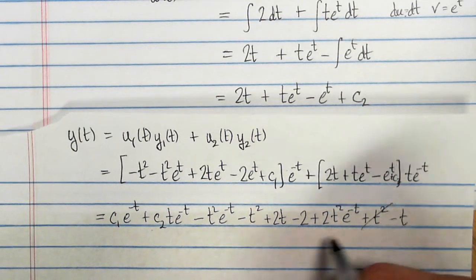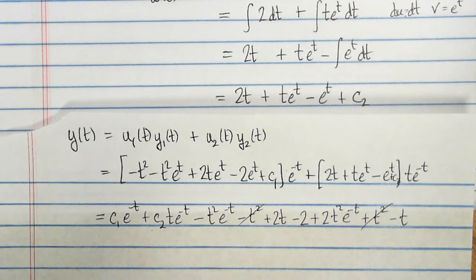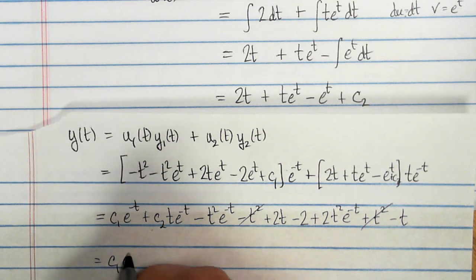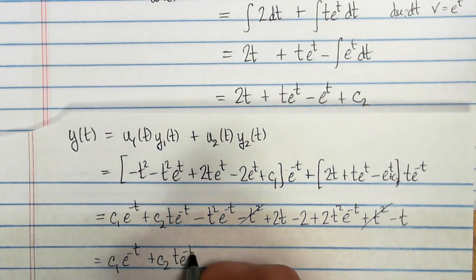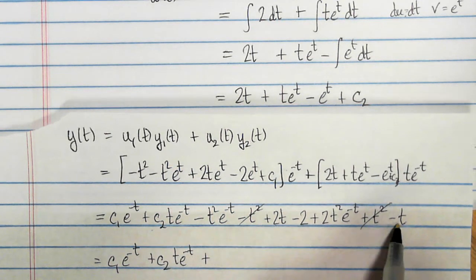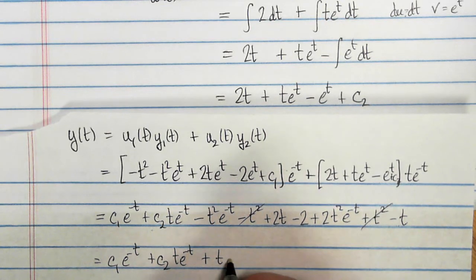All right, so t squared cancels negative t squared. What else can we do? We have c1 e to the minus t plus c2 t e to the minus t. 2t minus t is plus t. There's my minus 2.